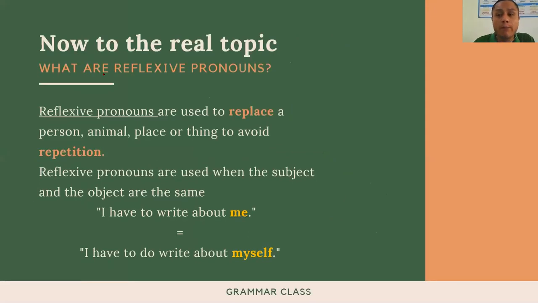But the real topic, our real class, is reflexive pronouns. So let's read. Reflexive pronouns are used to replace a person, animal, place or thing to avoid repetition. Let's explain. Reflexive pronouns are used when the subject and the object are the same.